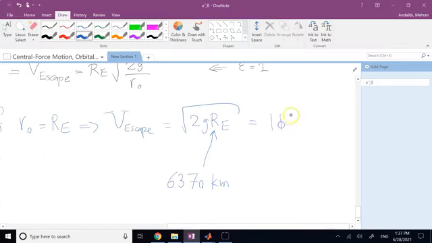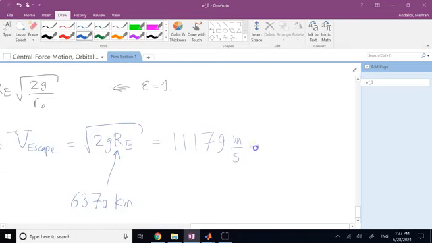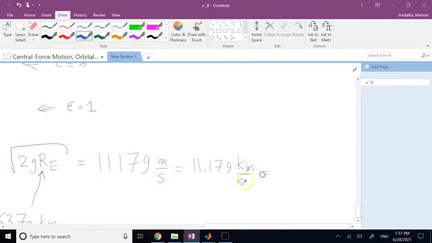So 11,179 meters per second, or 11 kilometers per second. Or if you want to work in miles, so this is equal to 11.179 kilometers per second. That's a big number. In 1 second, your satellite has to travel more than 11 kilometers.